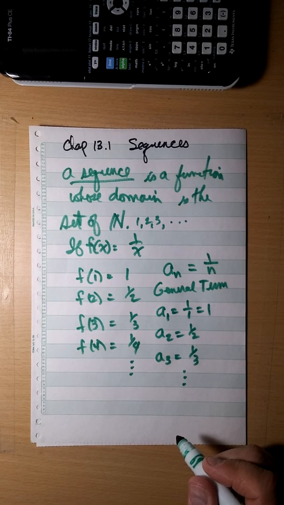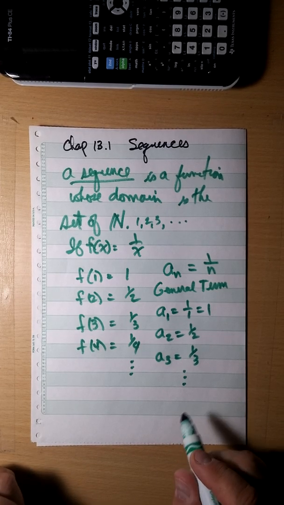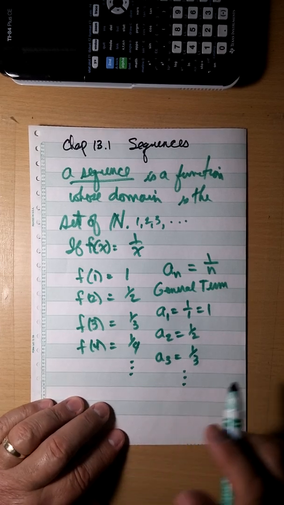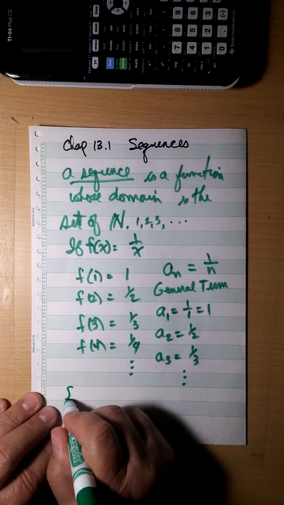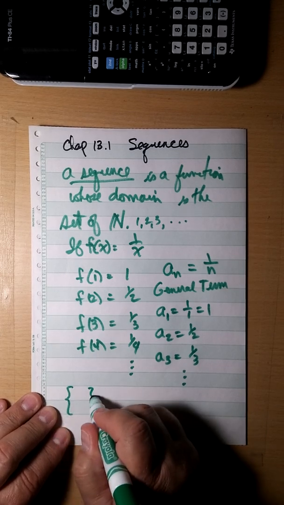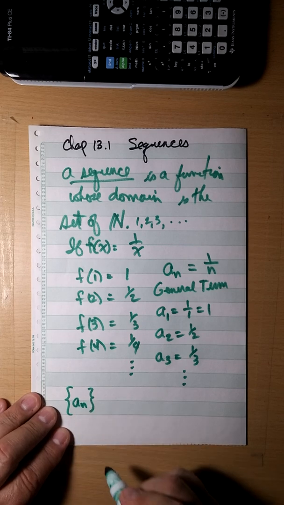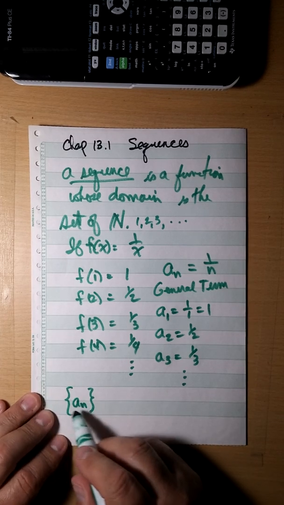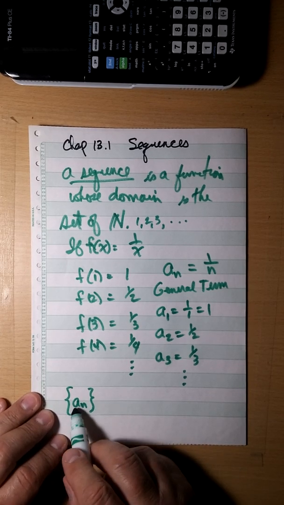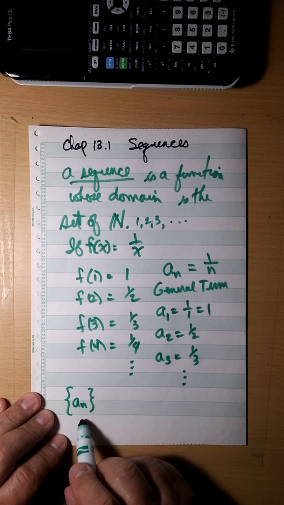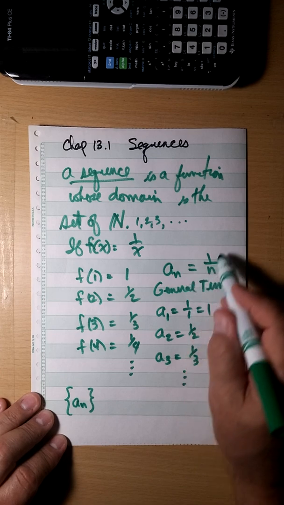So we can write this several different ways. If you'd like, you can write this with these braces, and that signifies to a mathematician, with an a sub n in between, a set of answers whose domain is integers because of this a sub n notation.